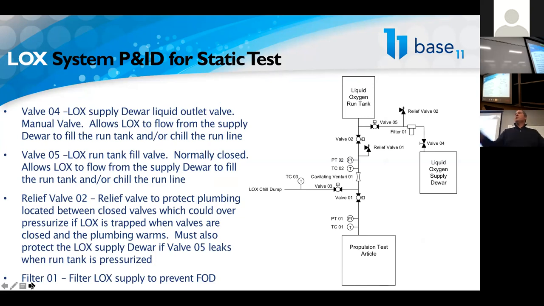The absolute safest thing to do with this, in my opinion, would be once you've finished loading liquid oxygen into the run tank, to close the dewar and disconnect the dewar from the system. If you can do that with your run tank filled and not pressurized, that's probably a reasonable approach. Depending on the scenario of your system, you have to assess the hazards and the options to mitigate it.